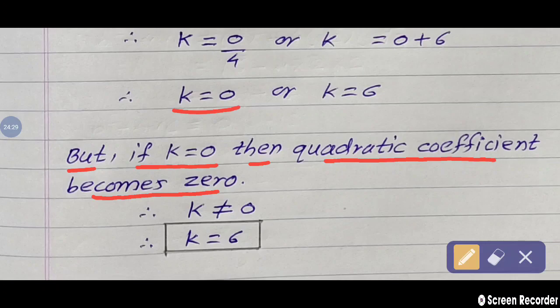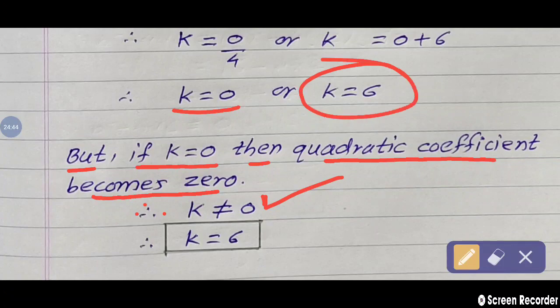So 0 multiplied by x square, answer is 0, and therefore the given equation is not a quadratic equation. That's why we discard this value. Therefore we write here k is not equal to 0. So what value remains? Only one value. K is equal to 6. That is our final answer.